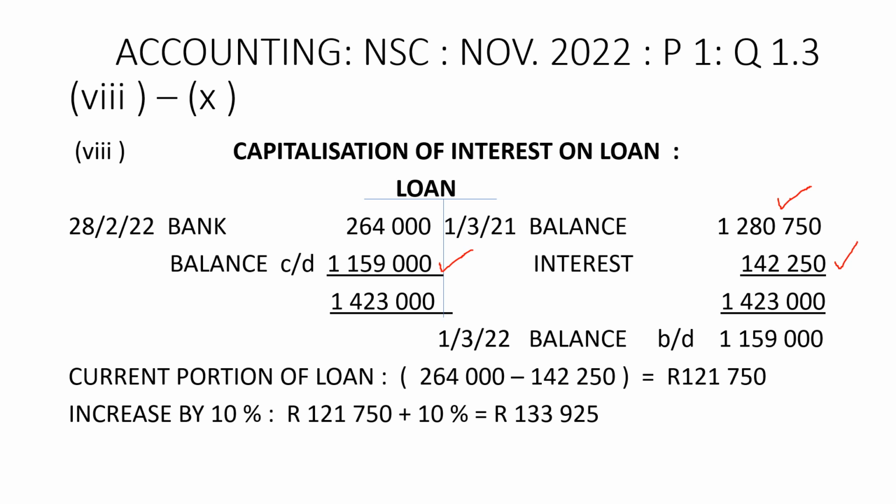Now, you notice something, that the monthly payment is not given to us. That we need to work out by balancing the loan account. So let's balance the loan account.